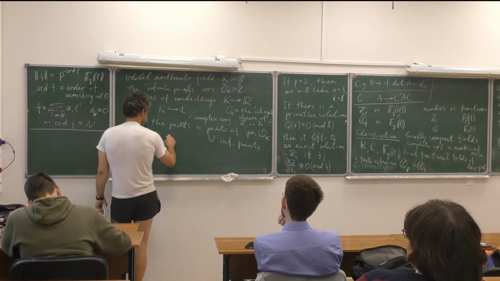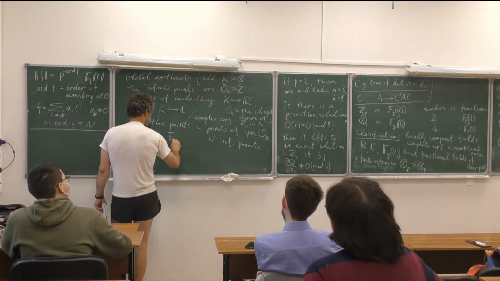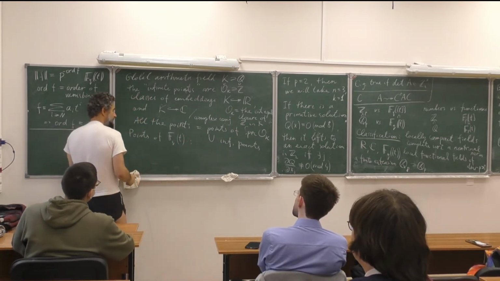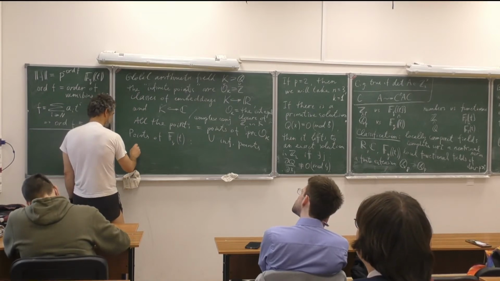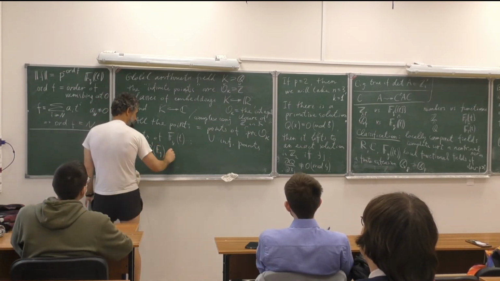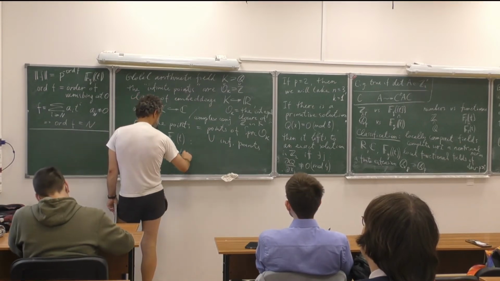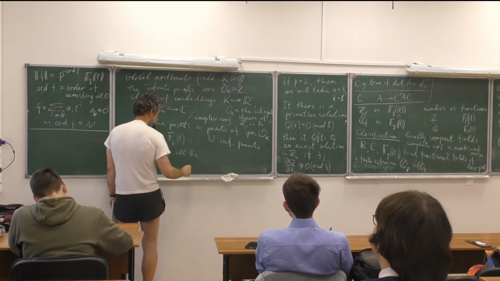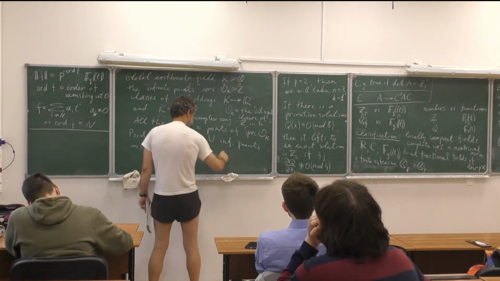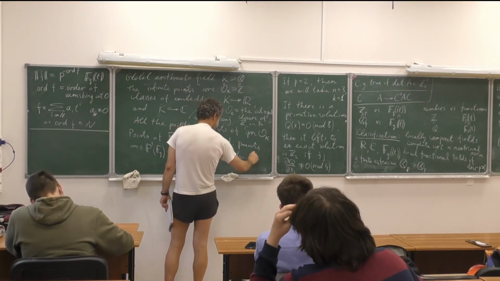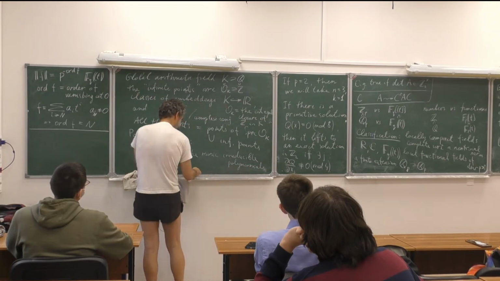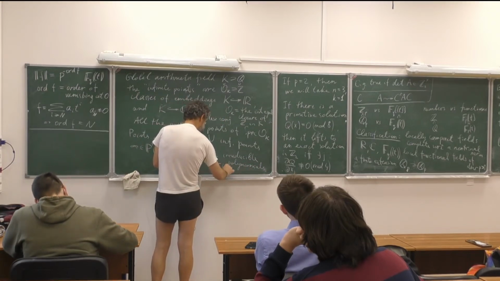So the points of this field F_q(T) are infinity plus all the monic irreducible polynomials in F_q[T].